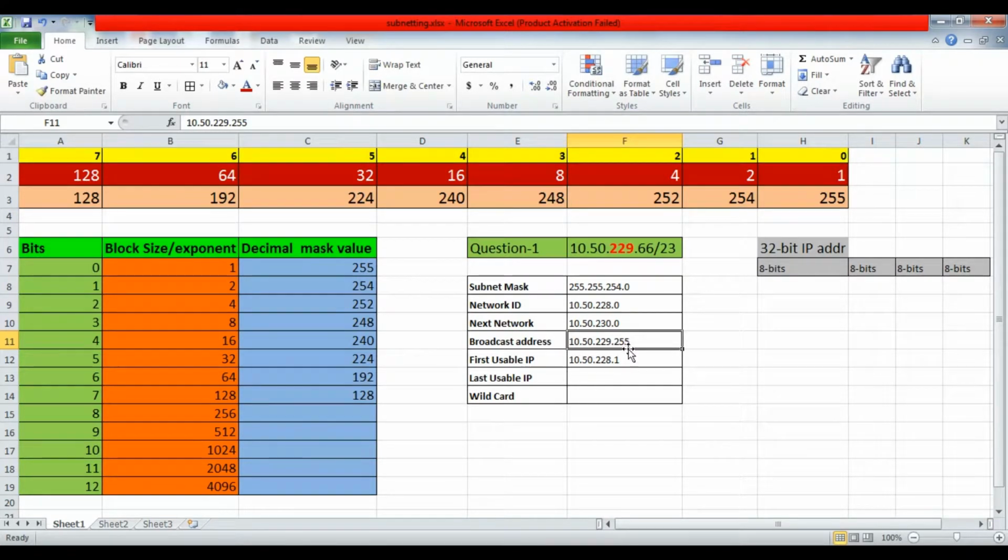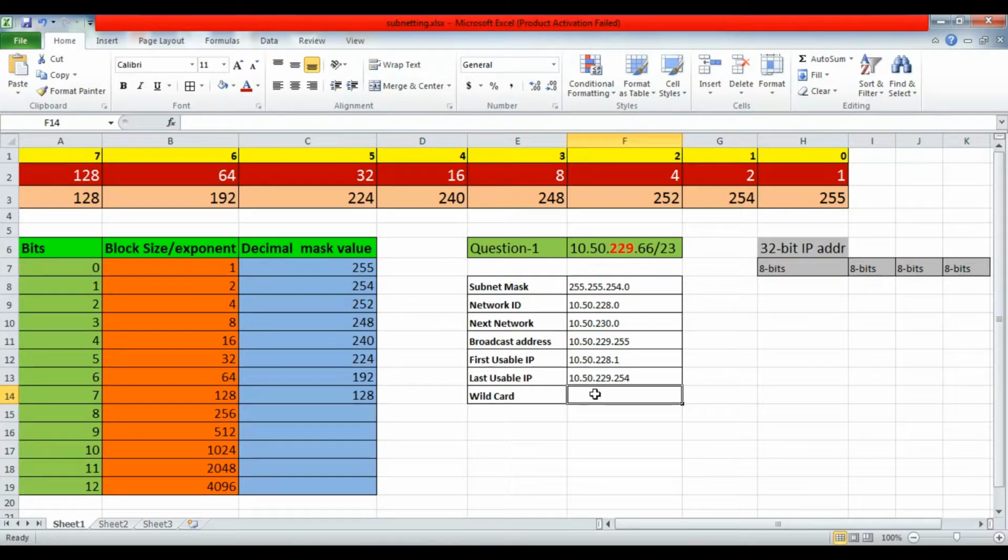We have broadcast here 229.255, and the last usable IP will be 10.50.229.254, and the wildcard.